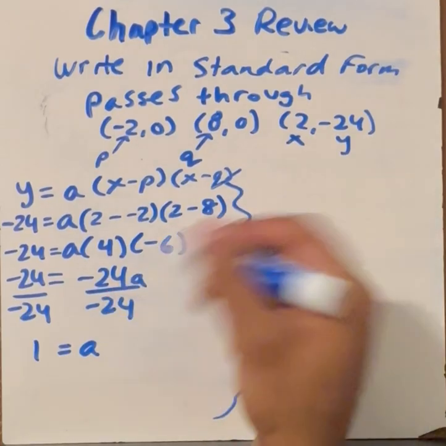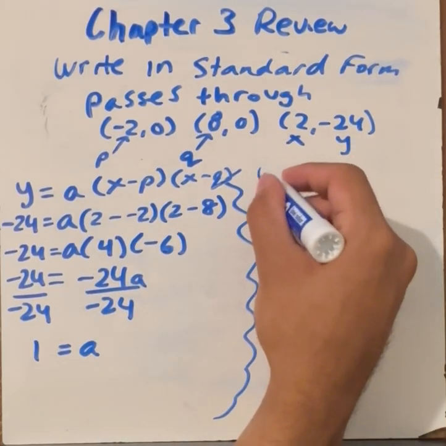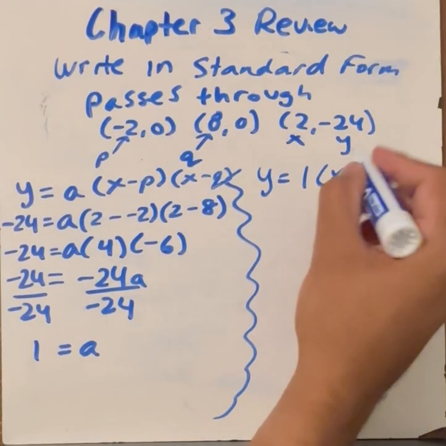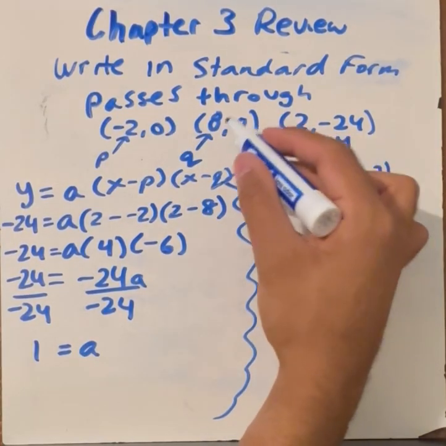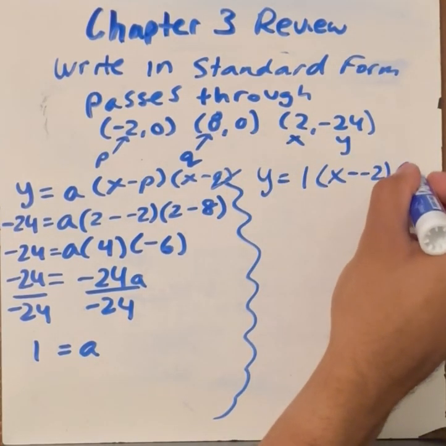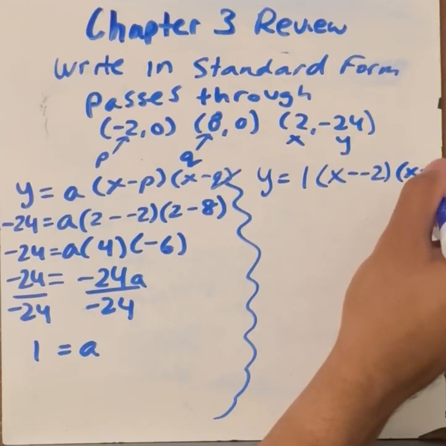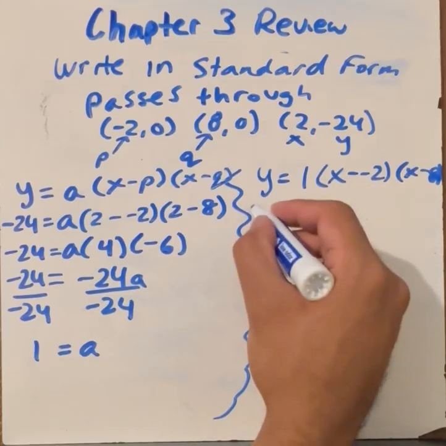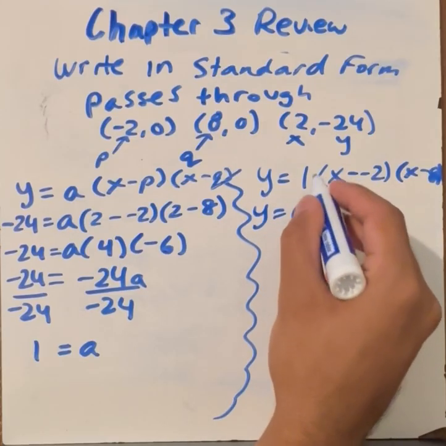Okay, and then once we have found that, we can plug it in again. So y equals 1 times x minus negative 2, and then x minus q, which is x minus 8. Okay, so this becomes y equals 1. We don't necessarily need it, it's just hidden.